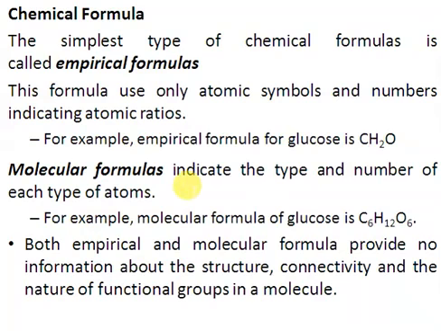While the molecular formula gives the exact type and number of each type of atom. For example, in the case of glucose, the molecular formula is C6H12O6. Right, so here the atoms are indicated in their exact number. So both of these formulas don't provide any information about the structure, they don't provide any information about the connectivity, and they don't provide any information about the nature of functional groups present in a molecule.